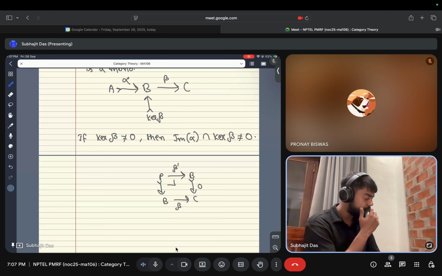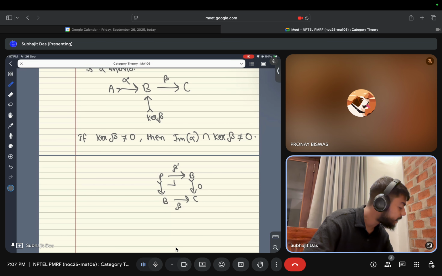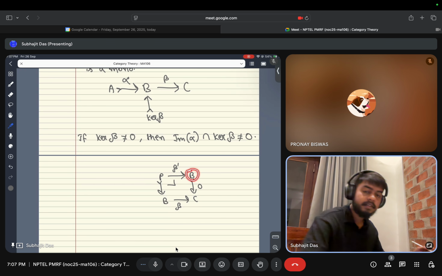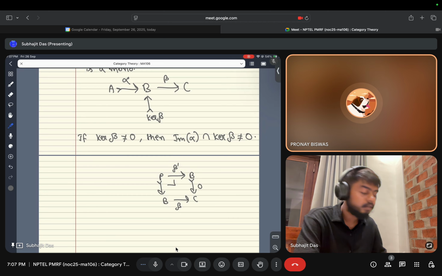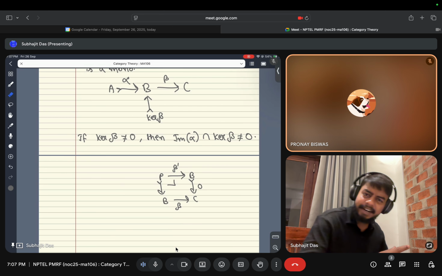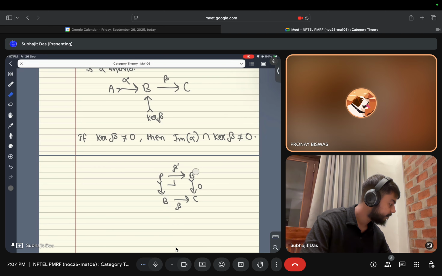This won't actually help us. But yeah, can we simplify this even a bit further? Do we really need a B here? We just want a 0 map, right? That's all that we want. And in fact, just to simplify everything, we can just take the 0 object itself, right?